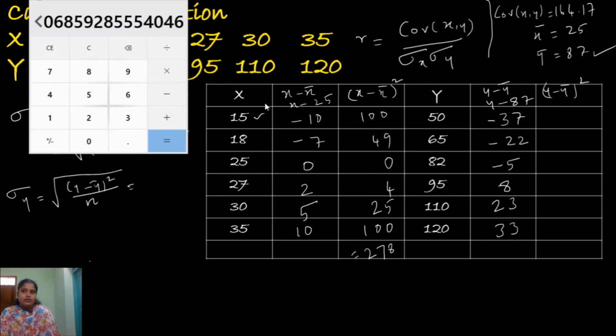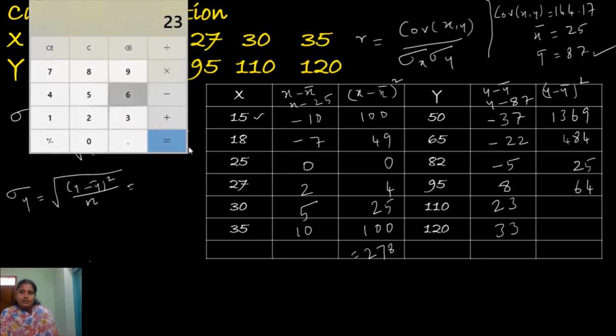When we square these values, 37 into 37 gives 1369, and 22 into 22 gives 484. 5 squared is 25, 8 squared is 64, the square of 23 is 529, and the square of 33 is 1089.